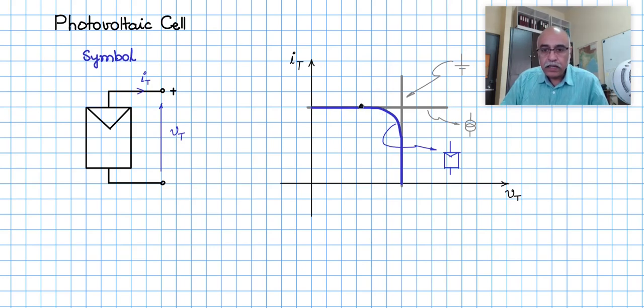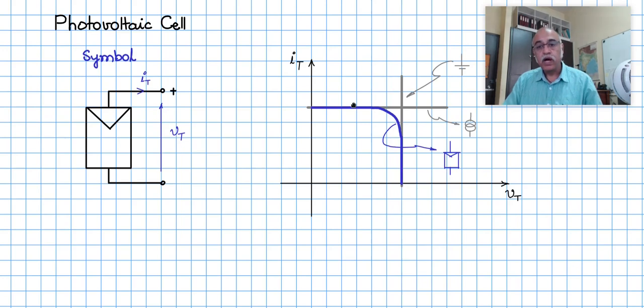So you see that it behaves as a constant current source for some part of the operating points, and for some part of the operating points it behaves as a constant voltage source. So it's actually a mix of both a constant voltage and a constant current source, and then you have the merging of the two aspects coming in there.